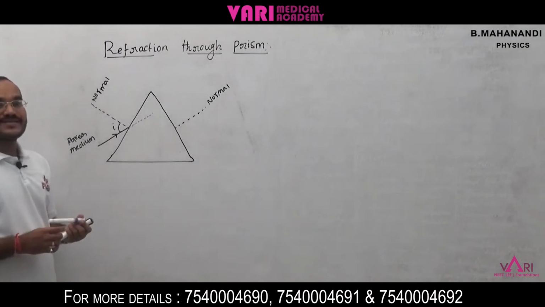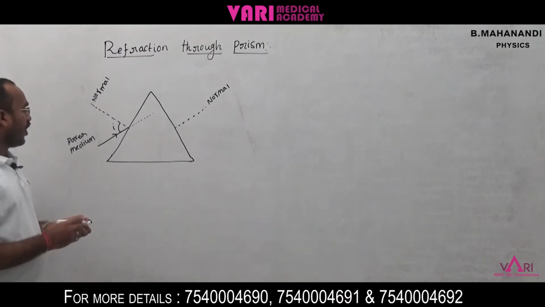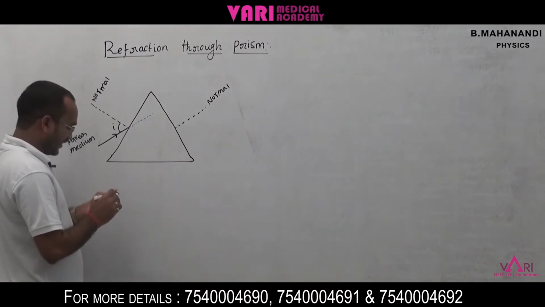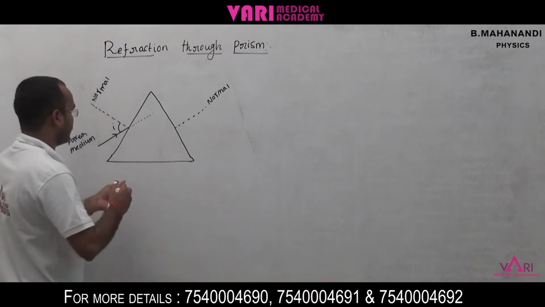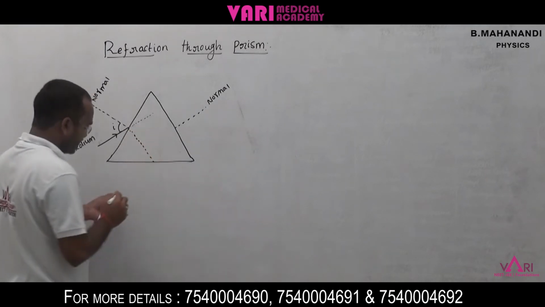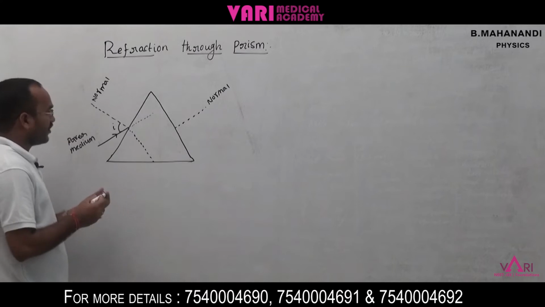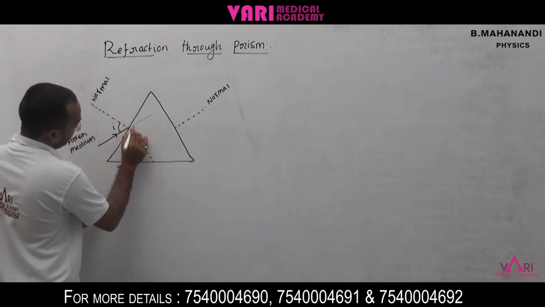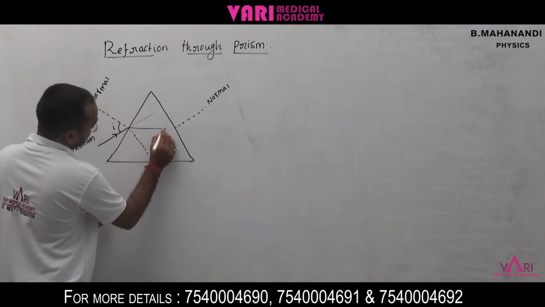It is towards the normal. How can we find that it is towards the normal? The normal is extended continuously. The incident ray after refraction is formed towards the normal. Now refraction is possible.